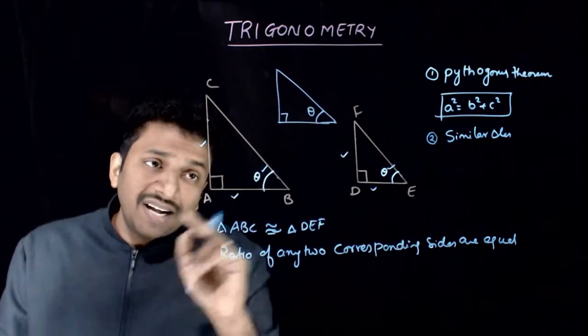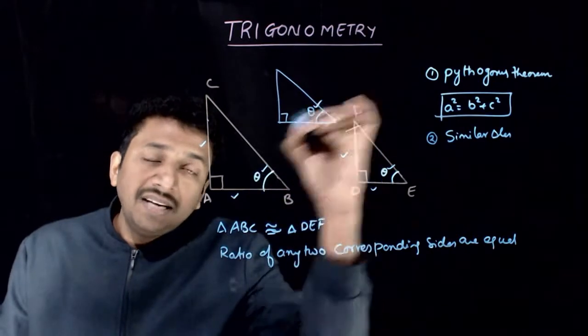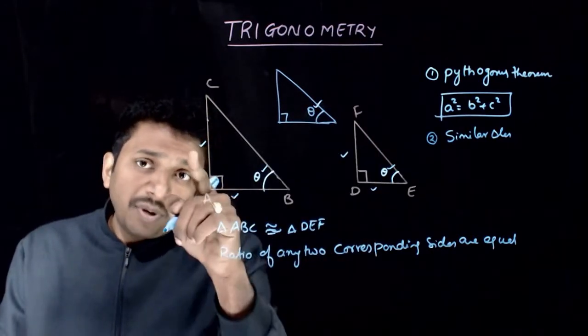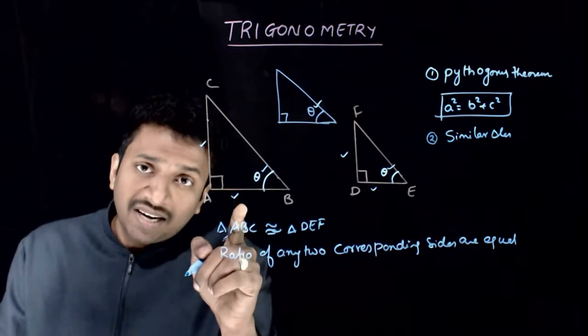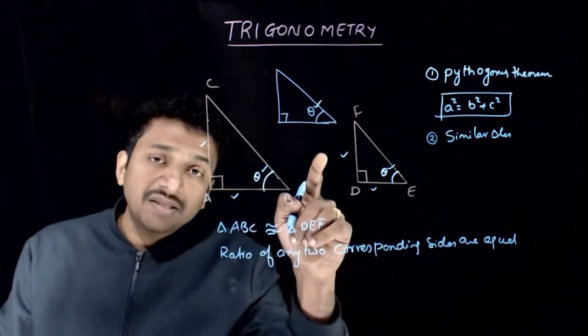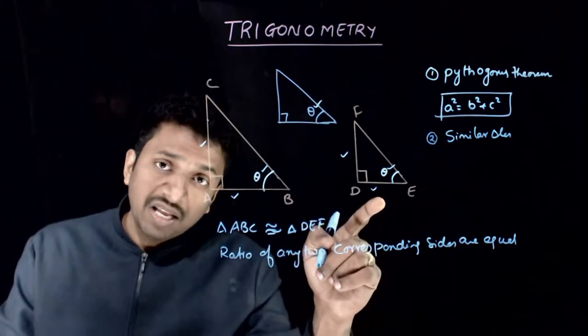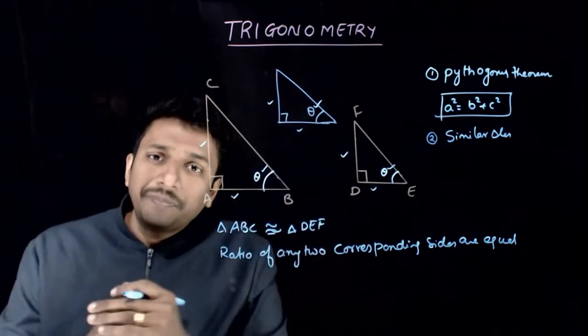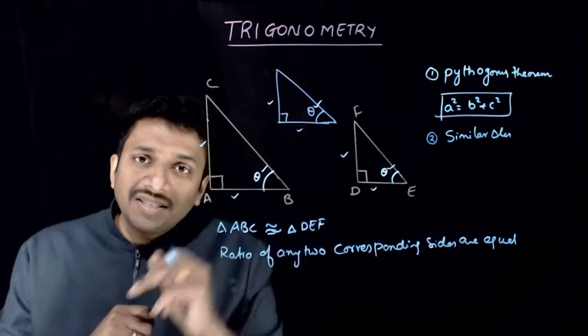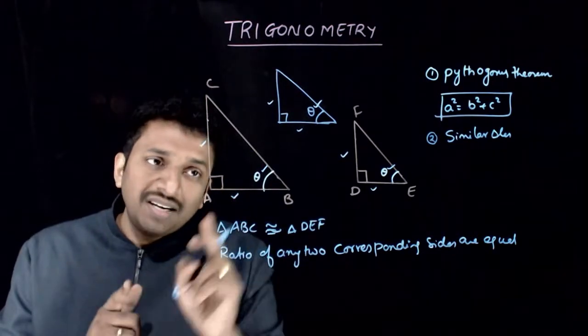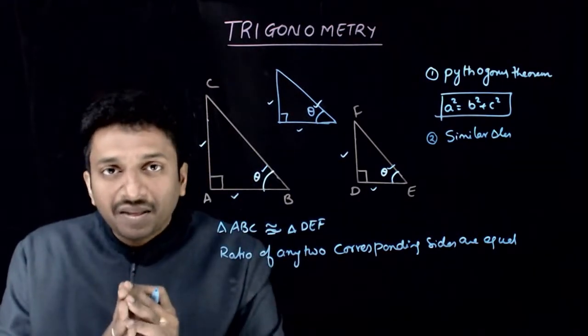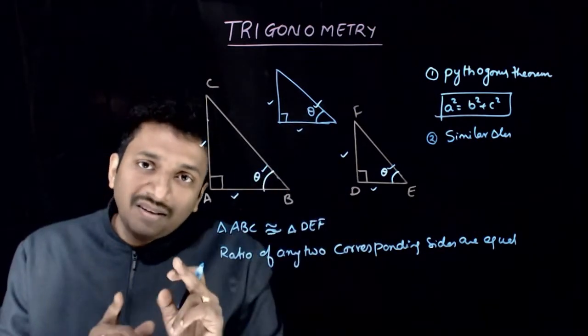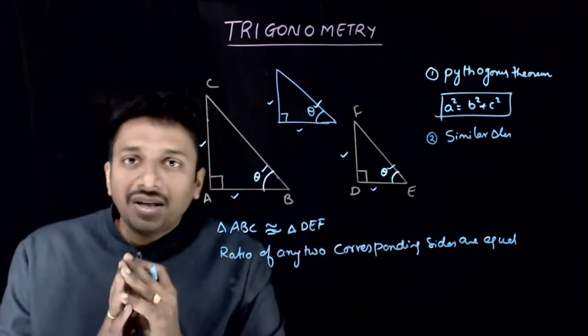So if you take any right angle triangle with angle theta, the opposite side by adjacent side of this triangle is the same as opposite side by adjacent side of this triangle, is the same as opposite side by adjacent side of this triangle, and so on. So in all these triangles, the ratio of any 2 sides depends only on the angle. As long as the angle is equal, the ratio of sides does not change.